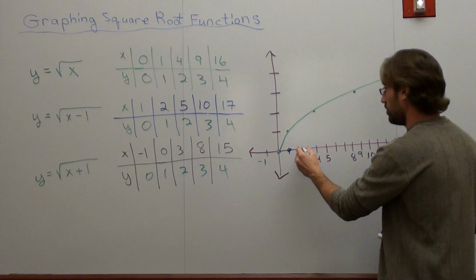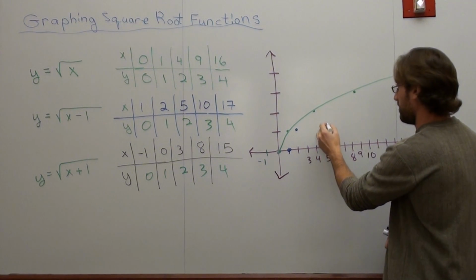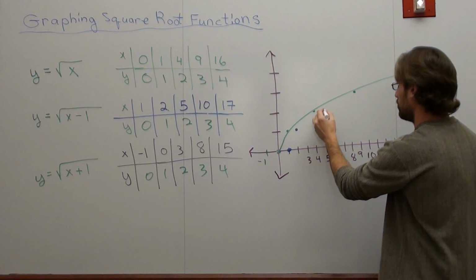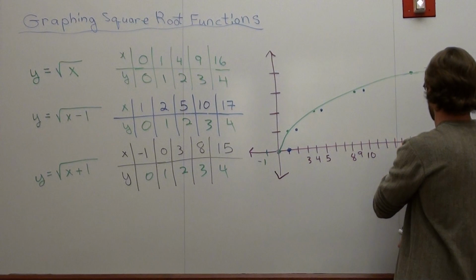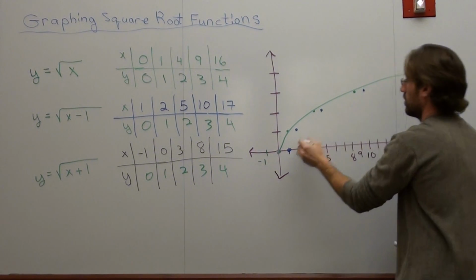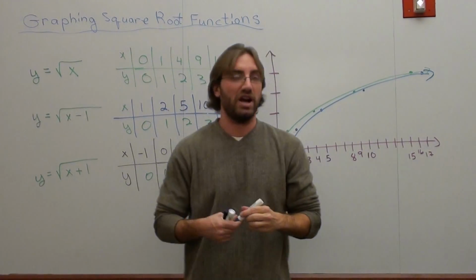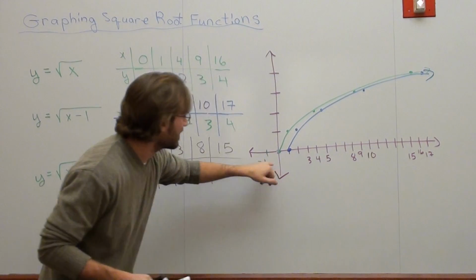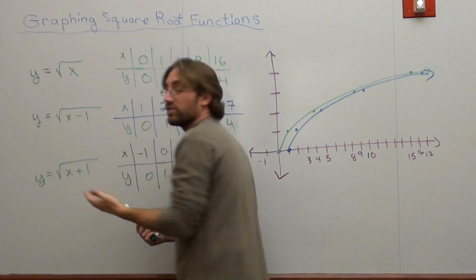When I substitute in 2, it's 1. 5 is 2. Almost identical in terms of graph. Still goes up, but what happens is instead of starting at the origin, it starts at (1, 0). And that's all it is. It's just a phase shift.